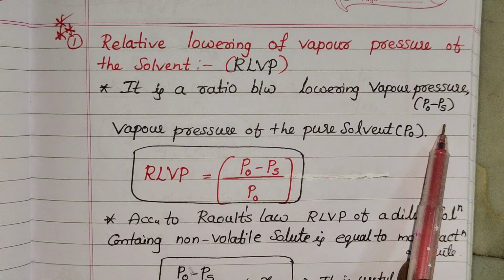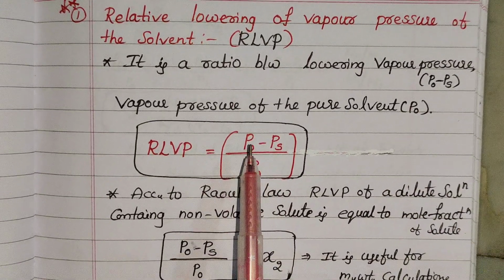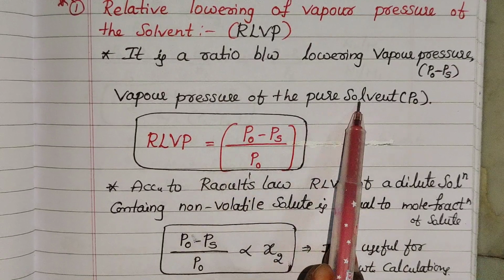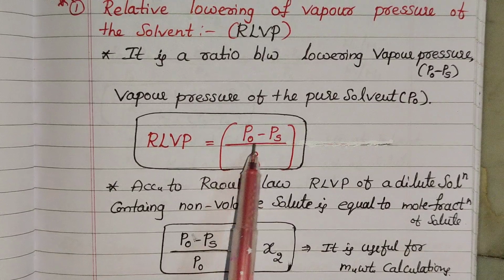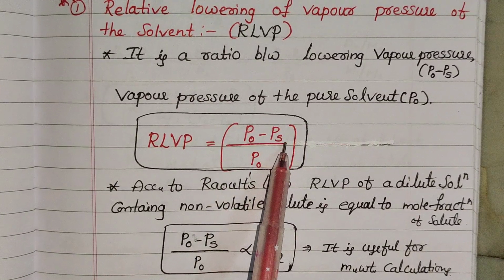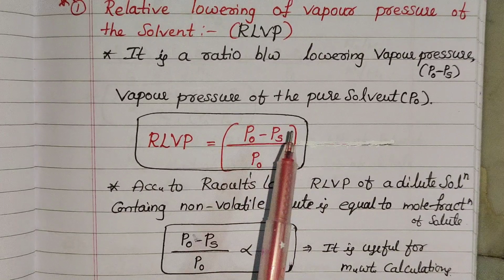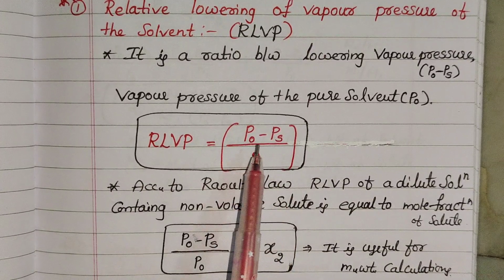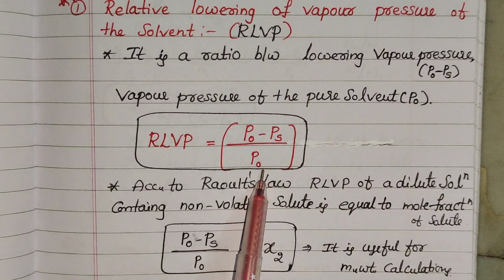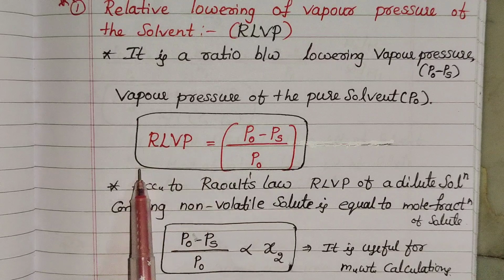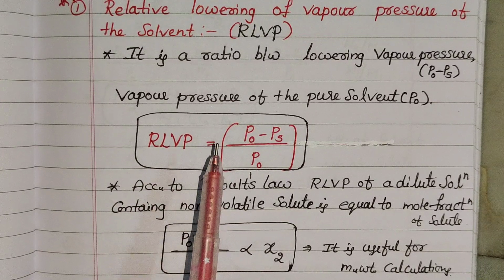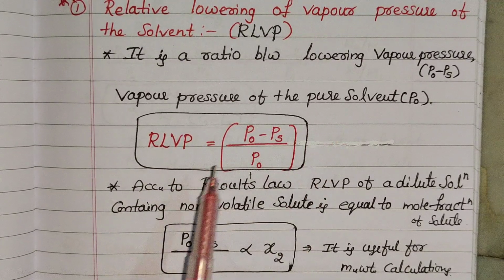Automatically P0 is high, and PS after dilution is less. That is why we take P0 minus PS, and P0 minus PS by P0 is the ratio known as RLVP, relative lowering of vapor pressure of the solvent.